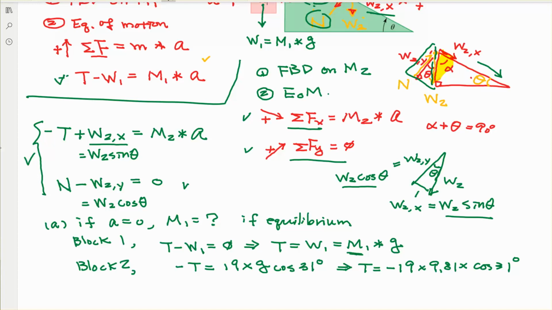So that tells you N is equal to W2 cosine theta, which is equal to M2 times 9.81 times cosine 31 degrees.